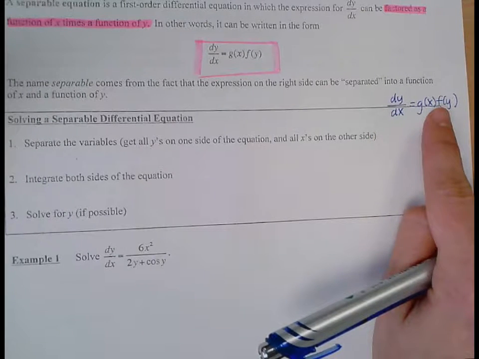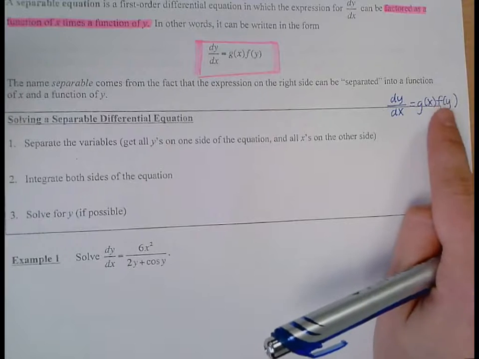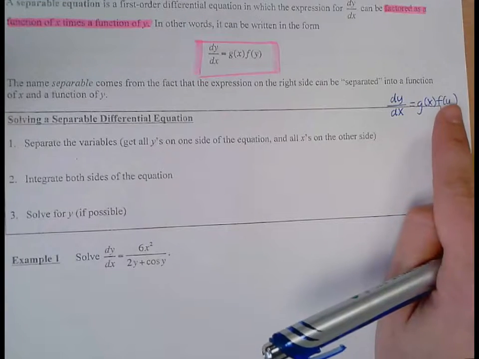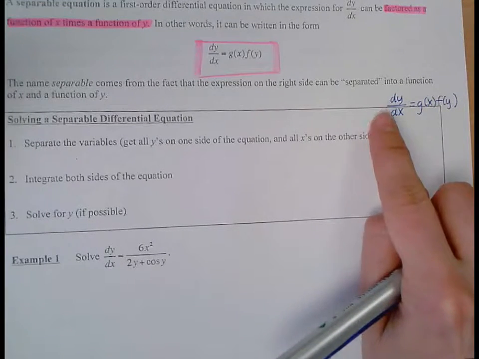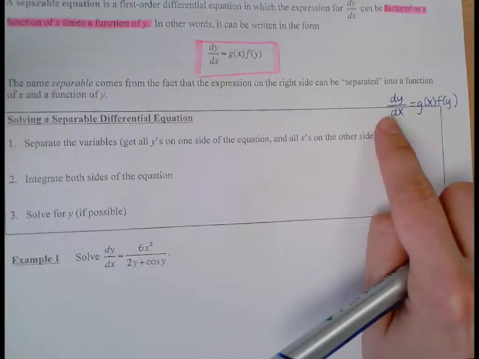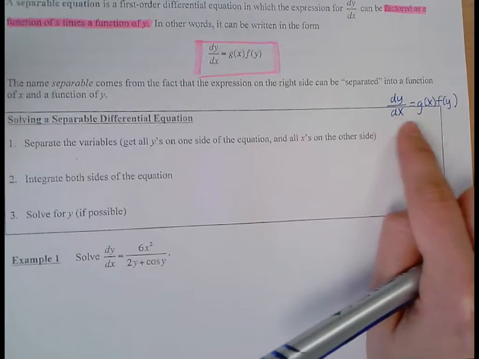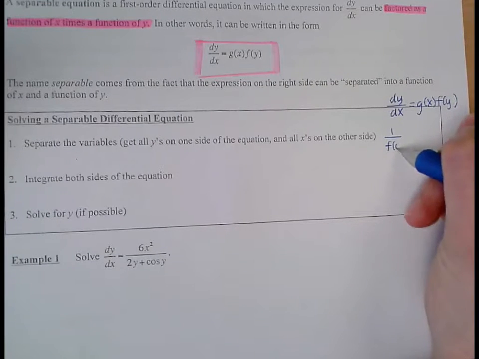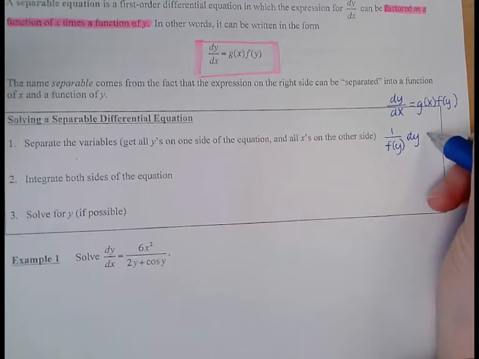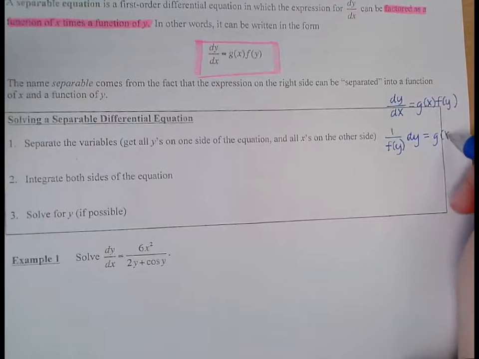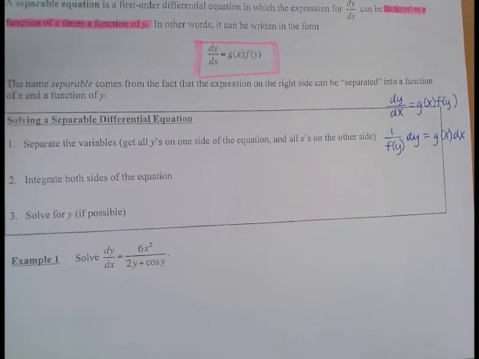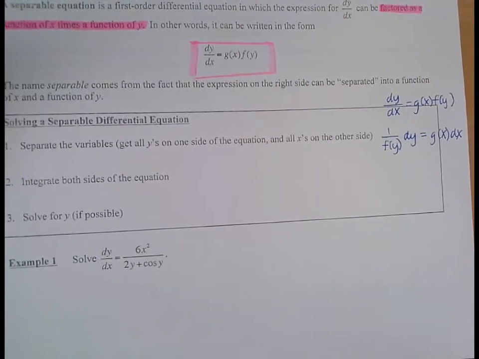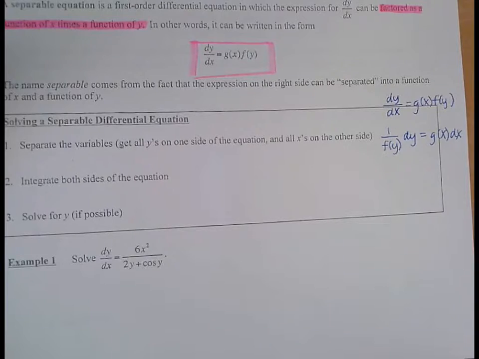So I would divide both sides by f(y), or multiply both sides by the reciprocal of f(y). And then I'm also going to multiply both sides by dx to get the dx over here. So it would look like 1 over f(y) dy equals g(x) dx. So that would be step 1.